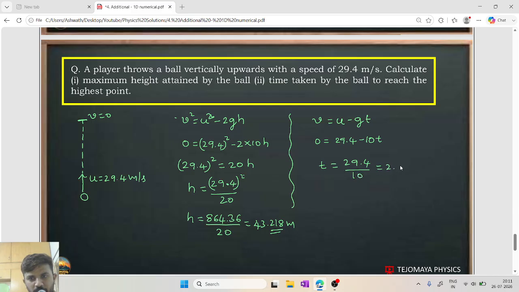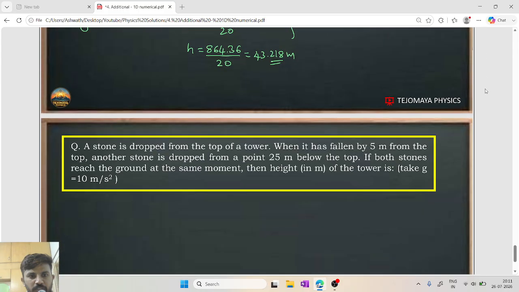So that is 2.94, which is somewhere around 3 seconds. I have used 10, so use g value as 10. You can calculate it by using 9.8 also. This will be in meter per second square. That is about this question. Hope it is clear to you all.